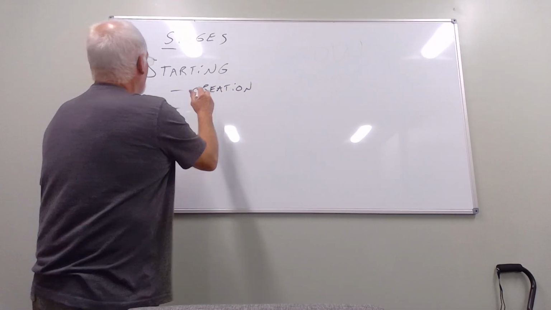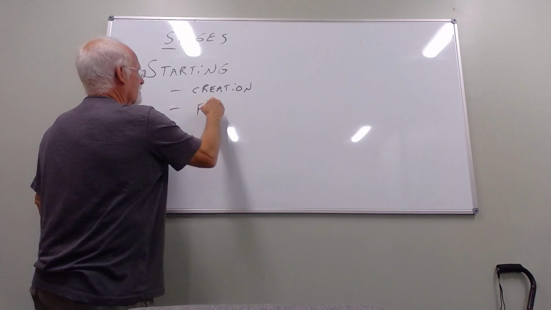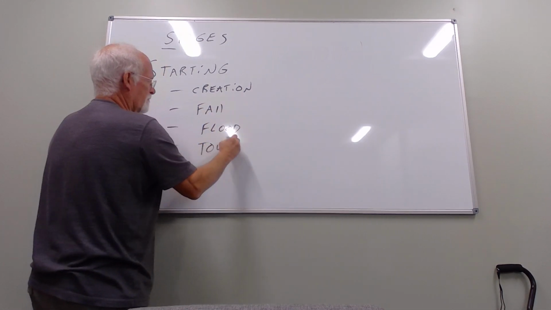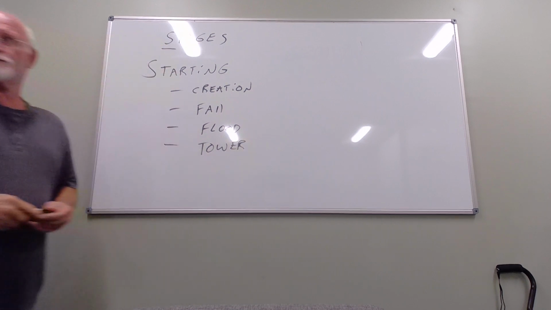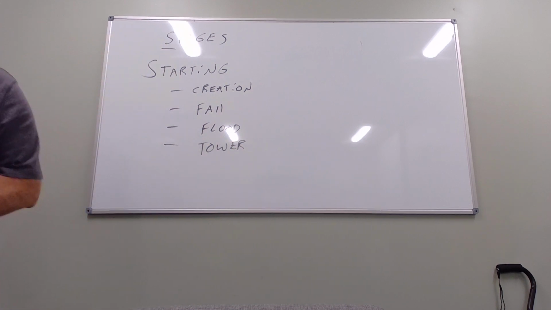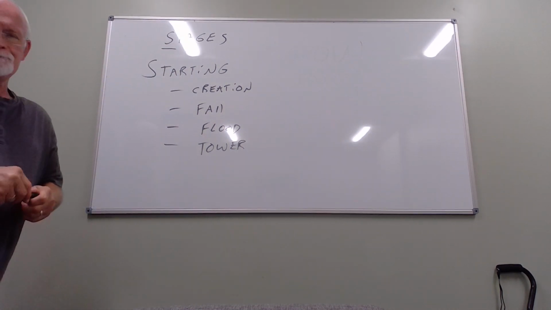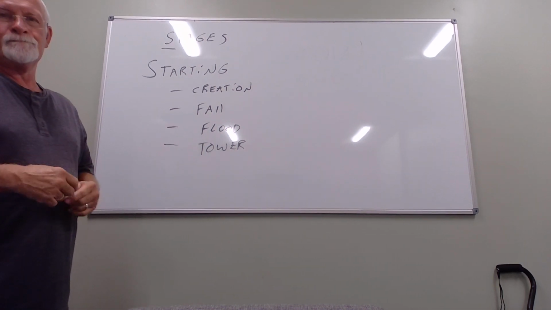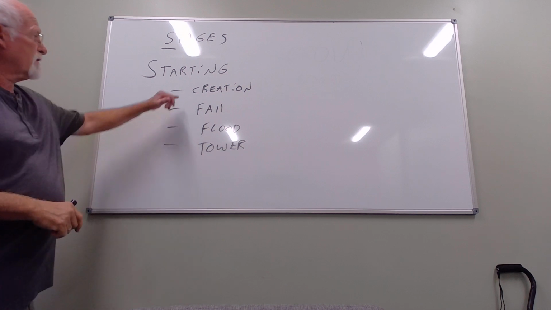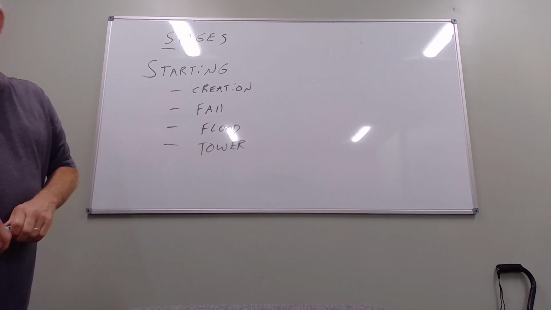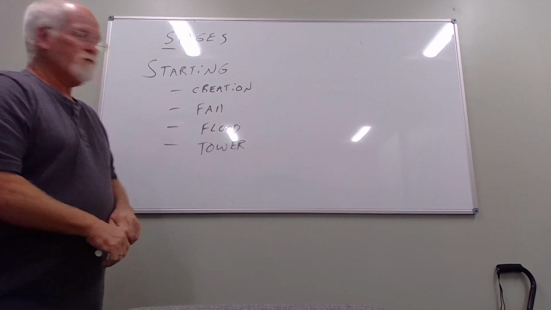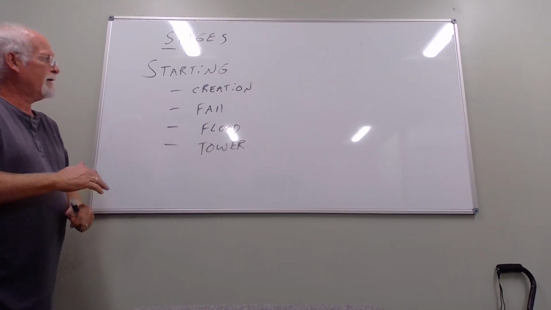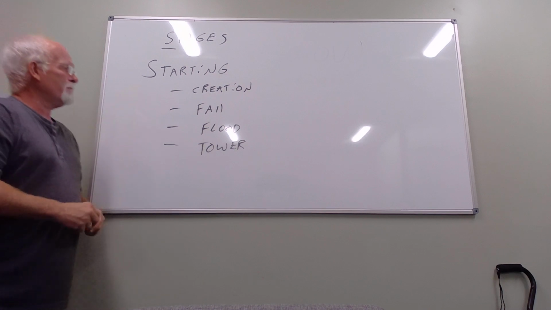There are 4 major events in this chunk of time: the creation, the fall, the flood, and the tower. We will spend time next week talking about creation and the fall, but those are the 4 major events.